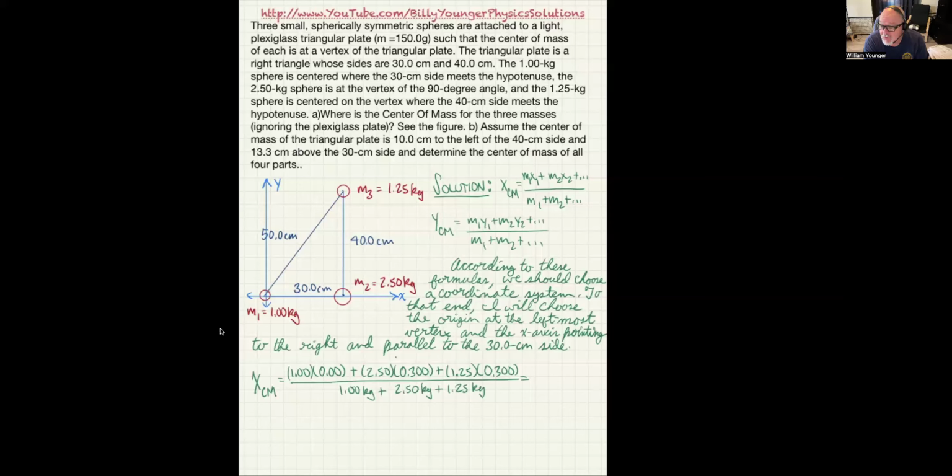3 sig figs suggests that the answer is 0.750, so that the ones place, the tenths place, the hundredths place, and the thousandths place are all significant for that middle term. And then when I multiply 1.25 times 0.3, I get 0.375, and that's 3 sig figs. So that means all 3 of the digits after the decimal are in fact significant.